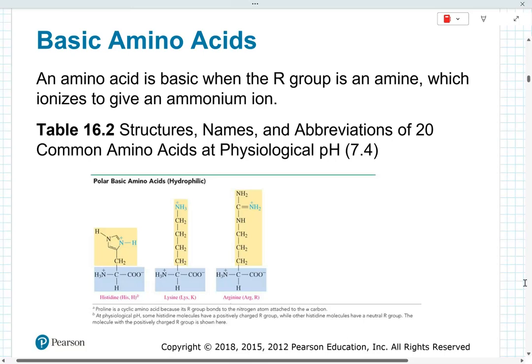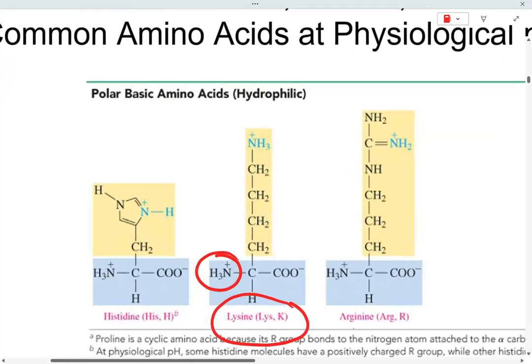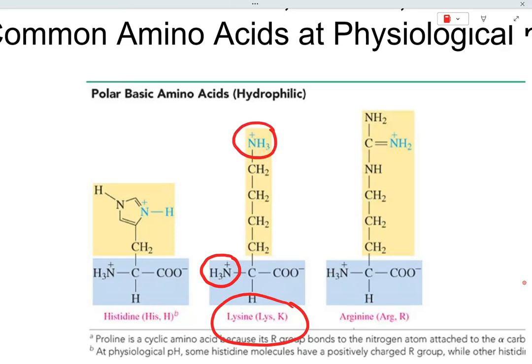So hear me out. Look at lysine. What I circled here is the ammonium group. What I circle here is also an ammonium group. What I circle here is a carboxylate group. However, if you say, well, I'm going to take this route, by definition, way too long.